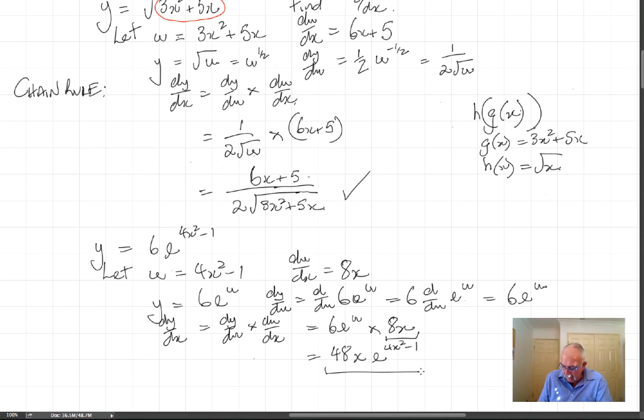So we've got to give our final answer all in terms of x, not in u, because we're the ones that introduced the u, just so we could use the chain rule and do the derivative. Okay, so that's the chain rule. The hardest thing with all these is identifying what you're going to let u equal to, but if you just think of function of a function, which one would you calculate first? Well, that's what you make u equal to, and then it should be a matter of just applying the rule.